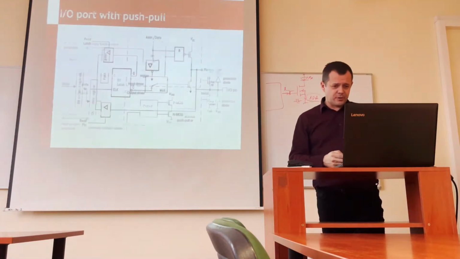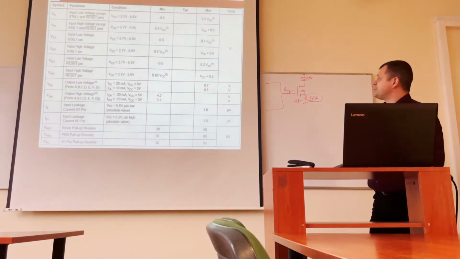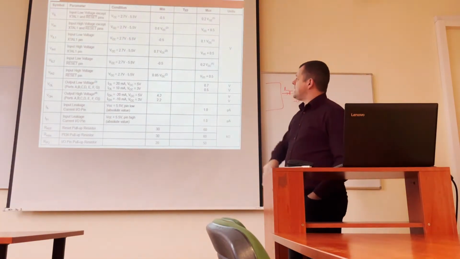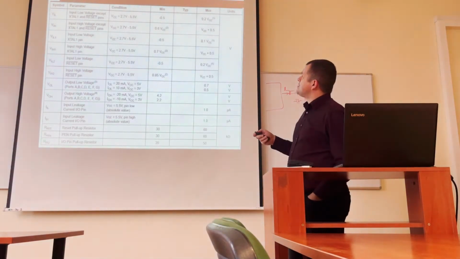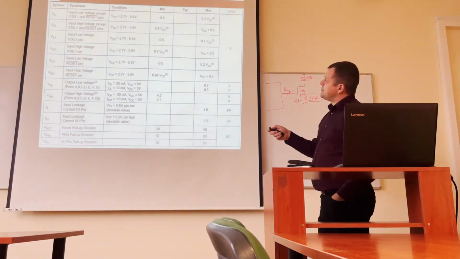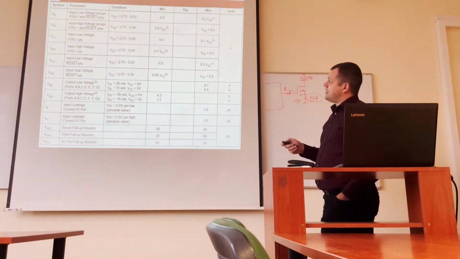About the ports, the major parameters of the port we can always find in a dedicated table. In this table, what is interesting, first of all, are the values that are accepted at the input.